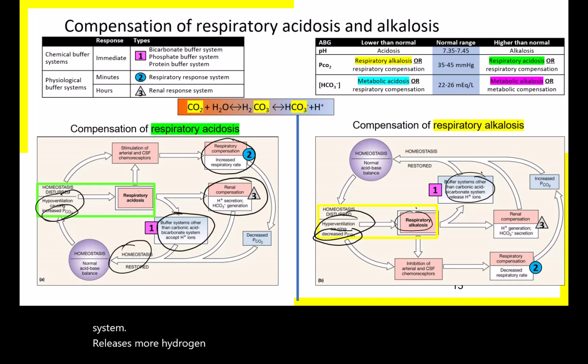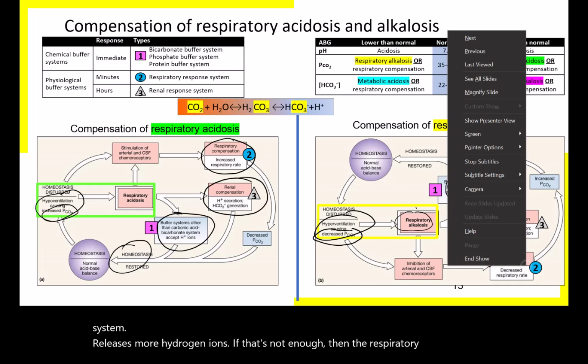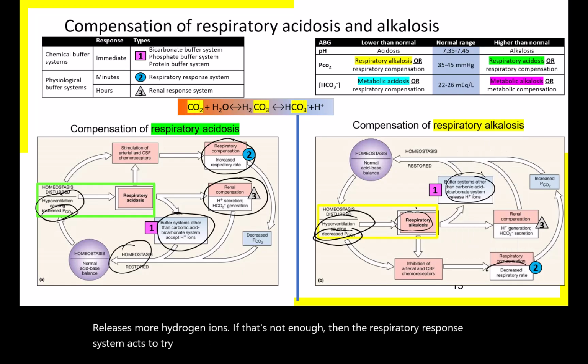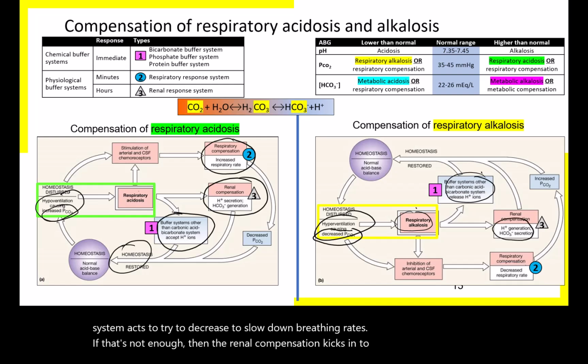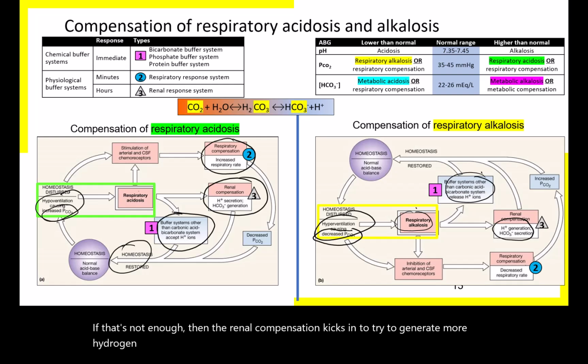If that's not enough, then the respiratory response system acts to slow down breathing rates. If that's not enough, then the renal compensation kicks in to try to generate more hydrogen ions, which then leads to increasing pH of the blood back to normal.